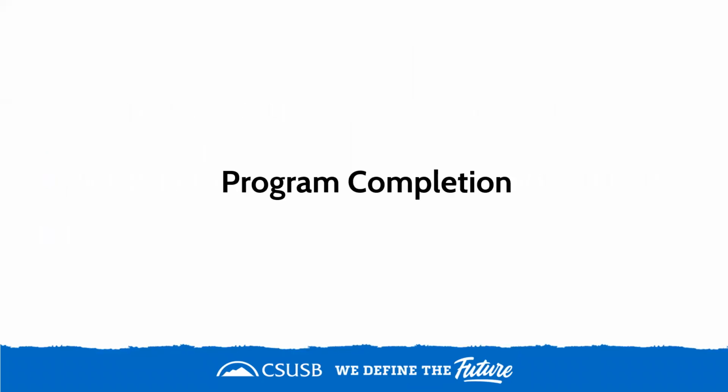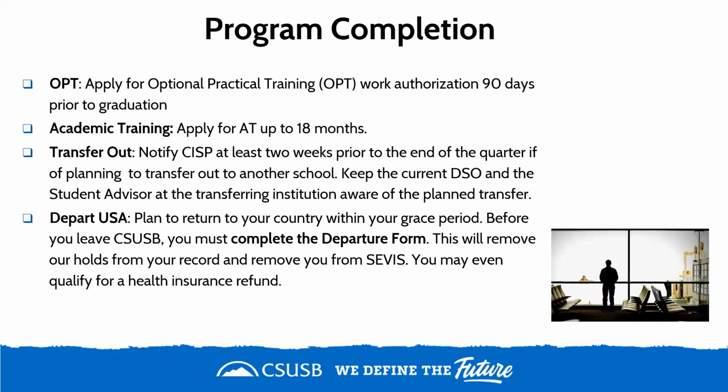So if you've done everything that you needed to complete your program and you're about ready to graduate and you're thinking to yourself, now what? After you complete your program, you do have a few options available to you. For F1 students, you can apply for optional practical training, which is OPT for short. We do have special workshops on OPT.